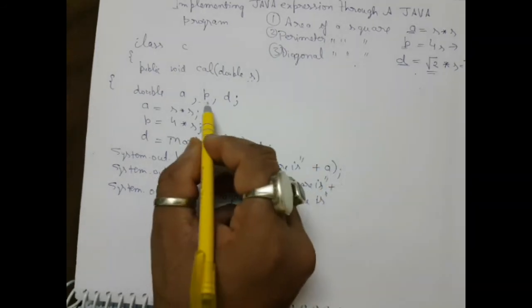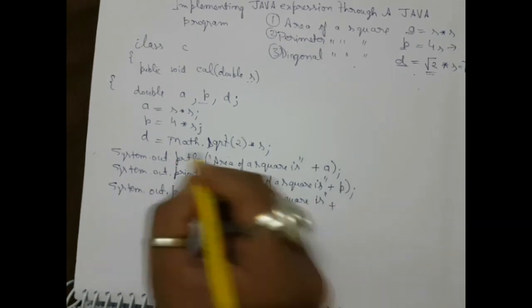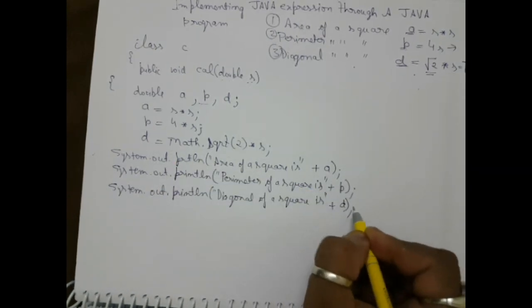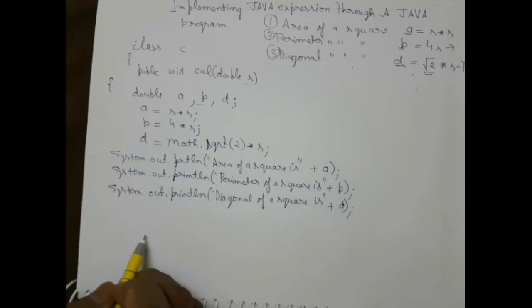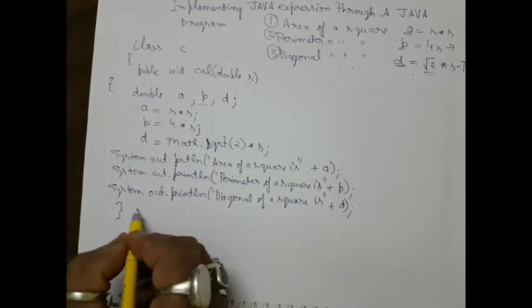For perimeter which variable have we taken? We have taken p, so p will be there, and for diagonal I have taken d, so d is here. Now you can see all these statements, okay? And then we'll close the function, and then we close the class.